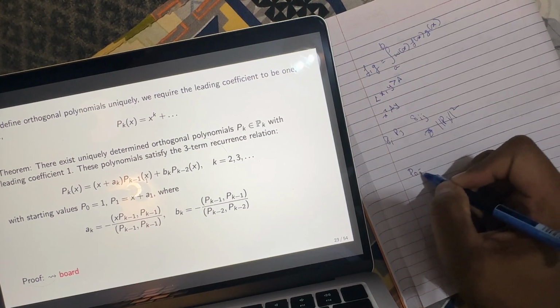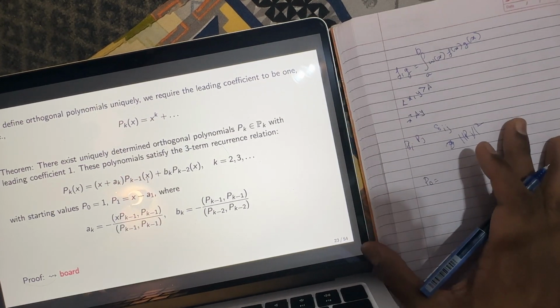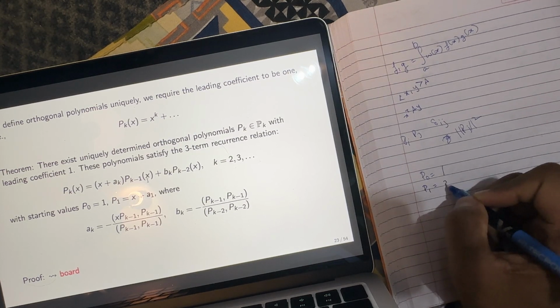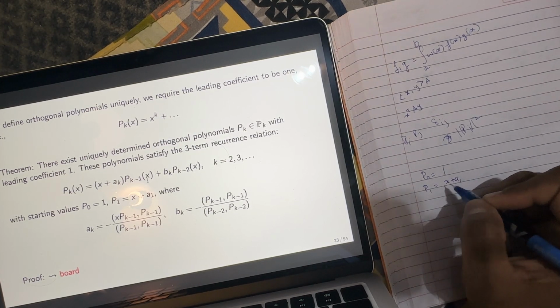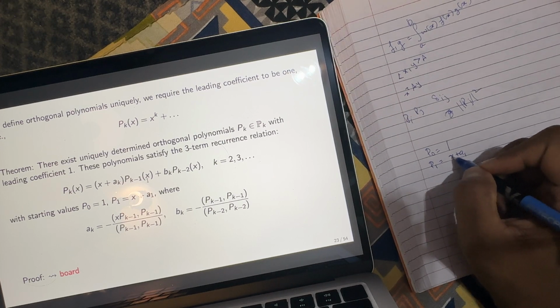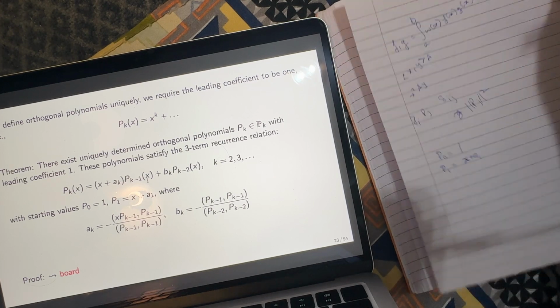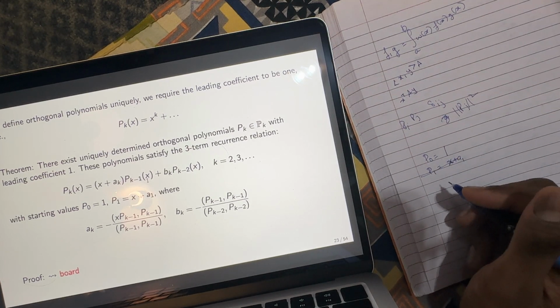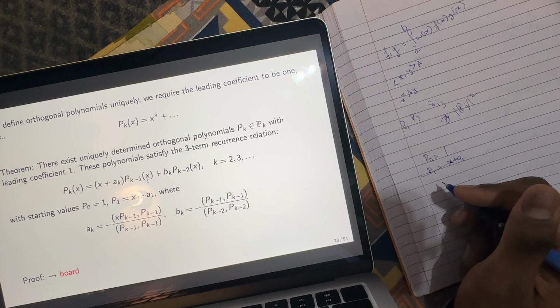Let's say P naught is given, right? P naught is 1, P1 is x plus A1. These are the two. In fact, in Doppel-Hart they haven't used the P1 definition at all. All they've used is P naught, that's the only polynomial with degree 0 and leading coefficient 1.